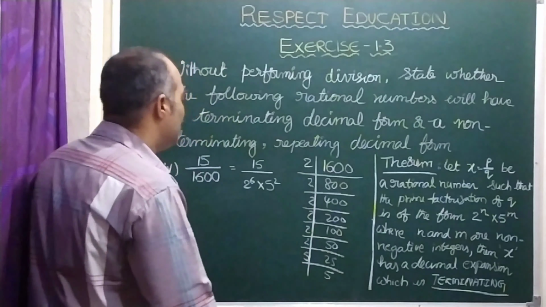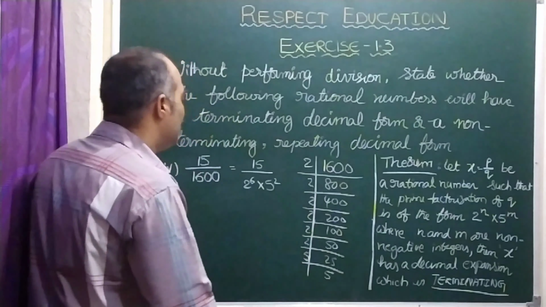Clear? So here we can write that q is in the form of 2 power n into 5 power m, where n and m are non-negative integers, they are 6 and 2. So it is a terminating decimal expansion.